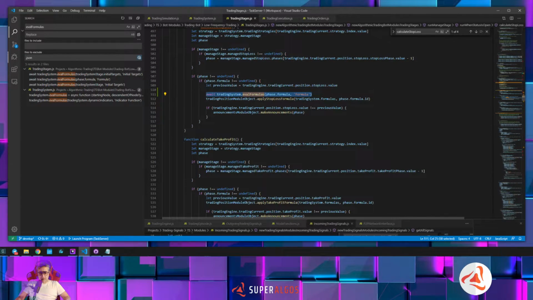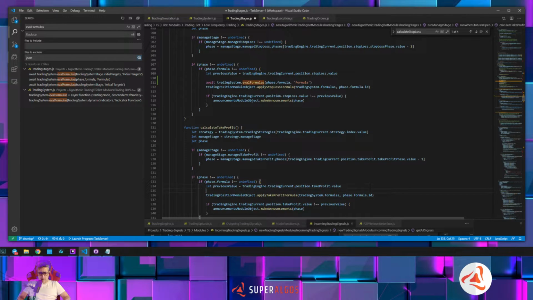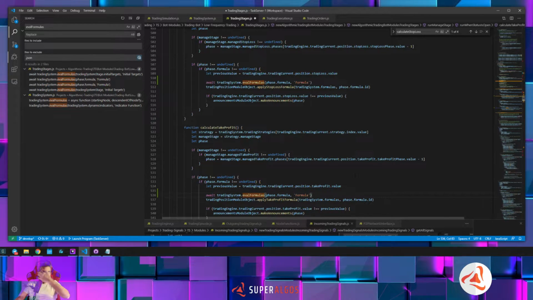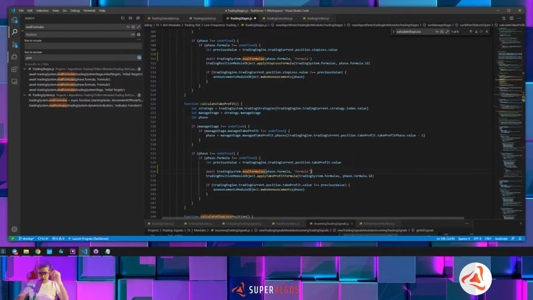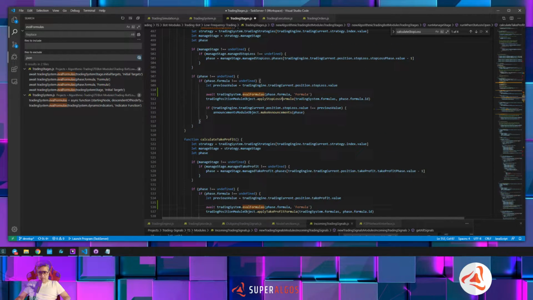And exactly the same stuff we could use here at the take. We use phase formula here, and that would be good enough. Then this apply formula at the take position object. I don't know exactly what it does, but we don't really care that much.